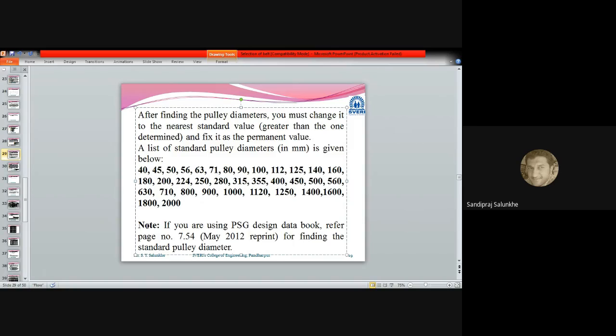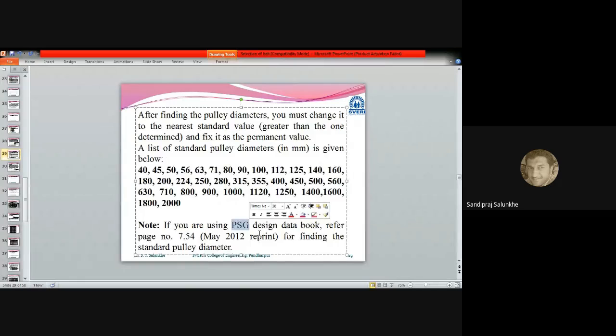Now, if you are going to use the design data book, it is mentioned there on which page number you will find this data. Likewise for all the charts, graphs or tables in this design data book. This is the standard PSG design data book, which is normally referred to by all engineers in India.